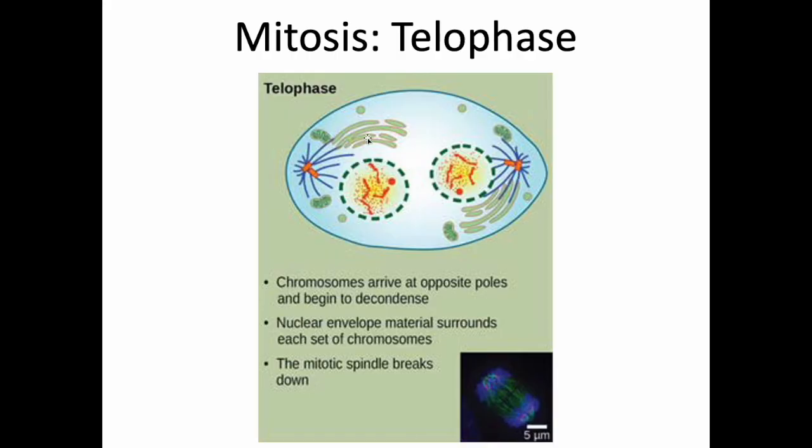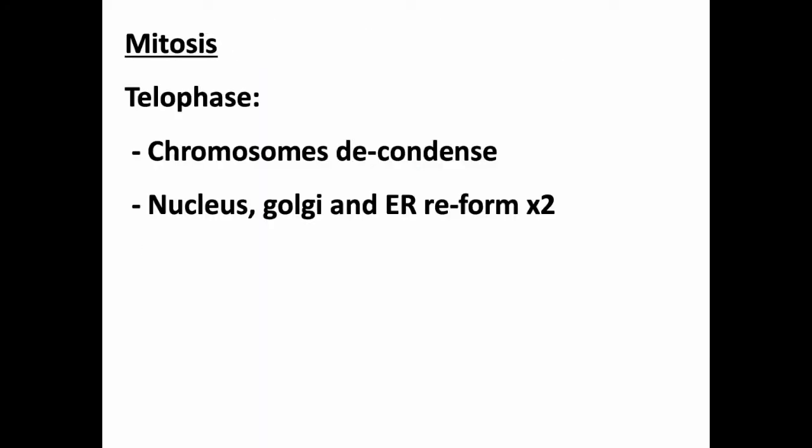The nucleus and the Golgi and ER. But it's happening times two. This is going to be a cell with two nuclei, each one with a full set of chromosomes, each one with its own ER and Golgi surrounding it. So telophase: chromosomes decondense, nucleus, Golgi, and ER reform, times two. We got two of these.